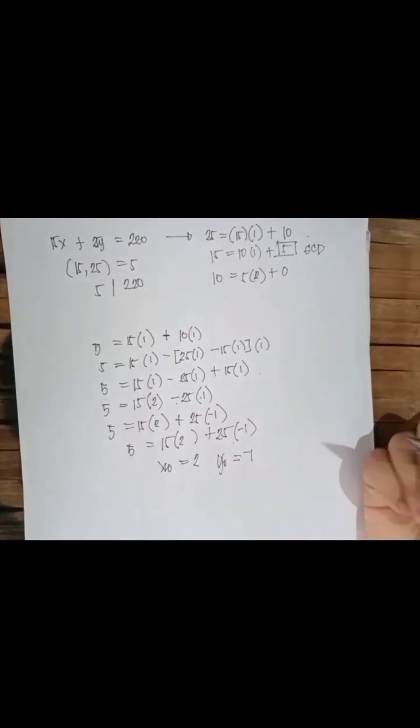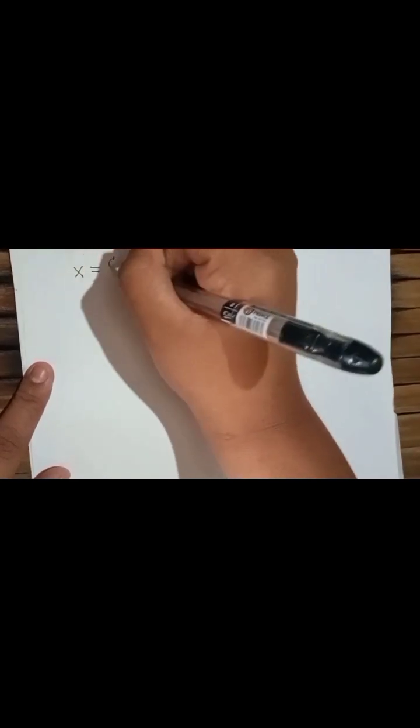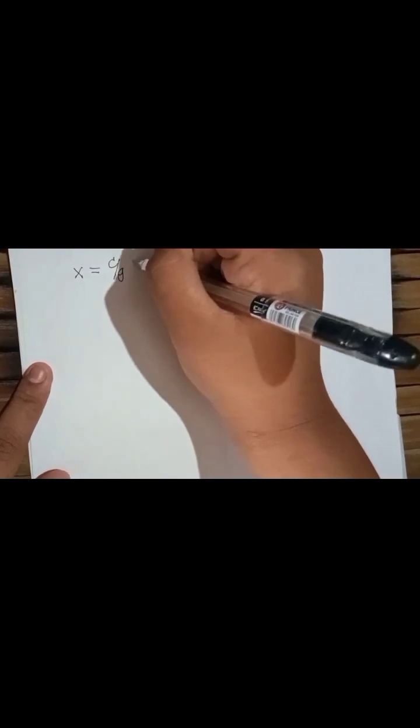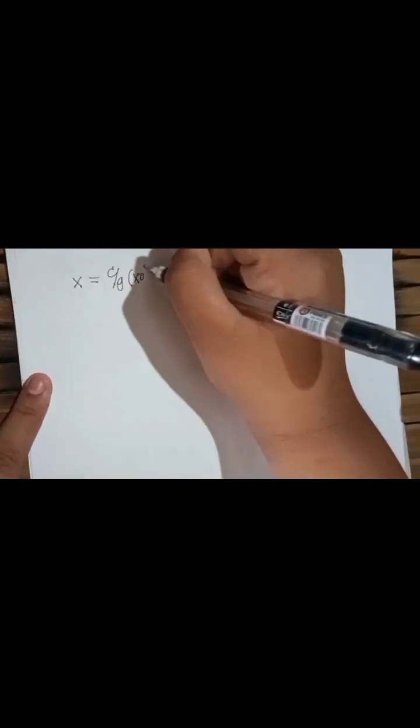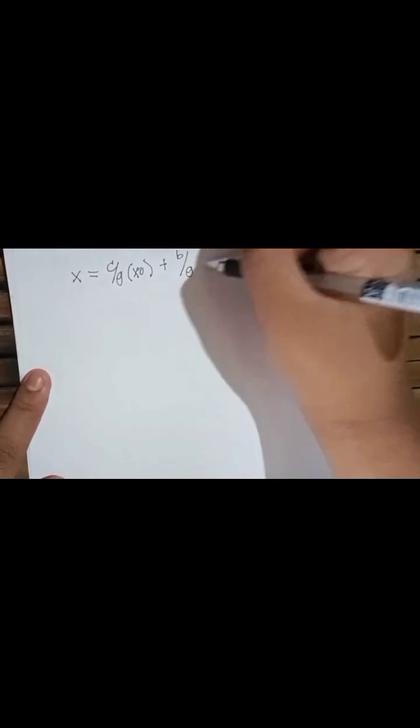So now let's proceed to the general solution, which is the formula of x is equal to c divided by g times x sub 0 plus b divided by g times t.